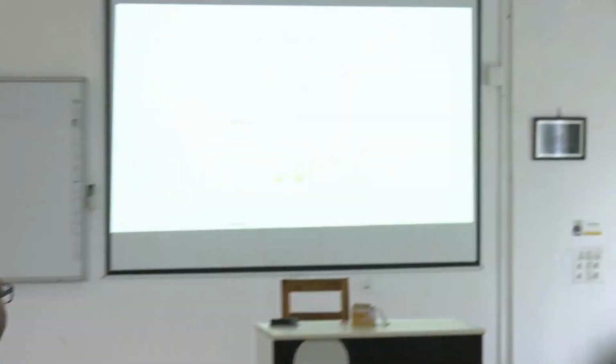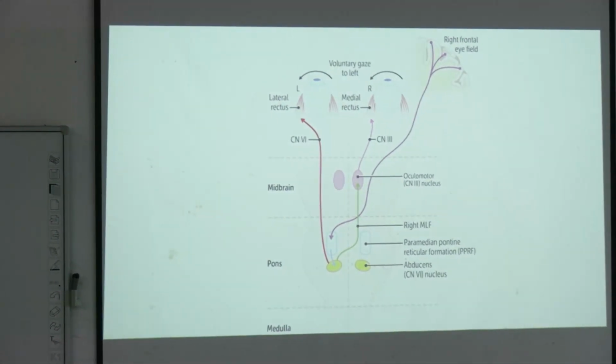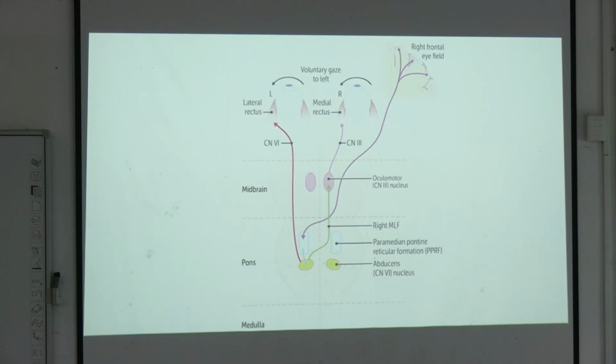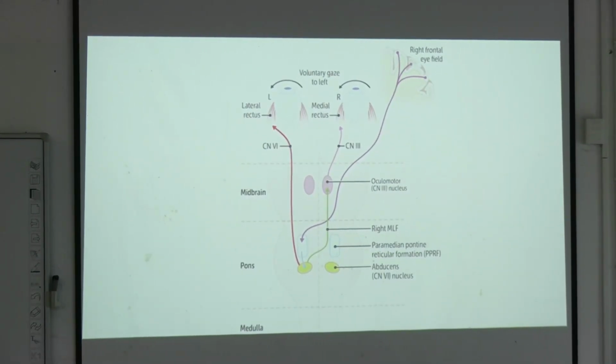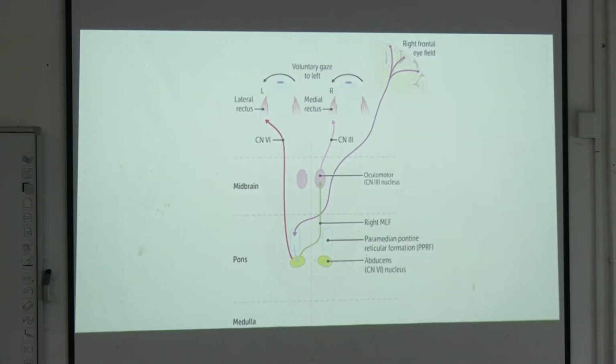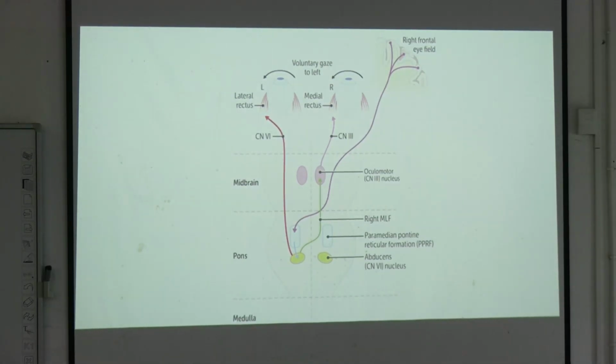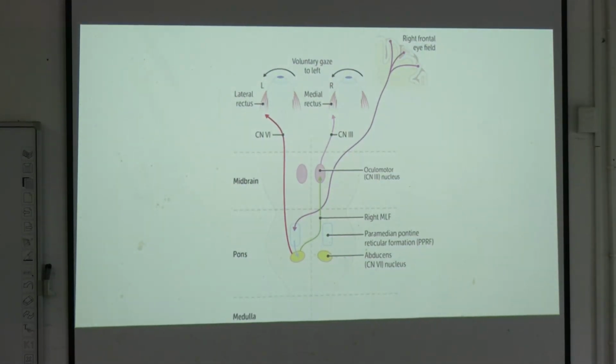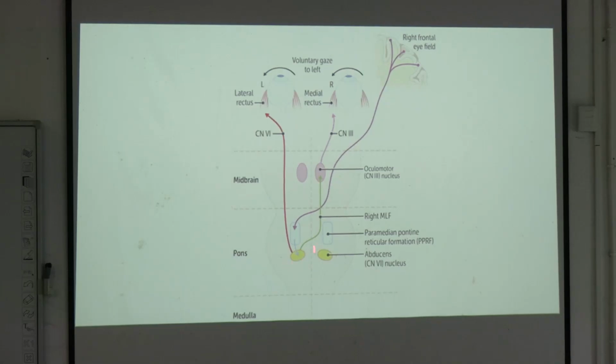What will happen? If I ask the patient to look at his right, so your right is this side, definitely the sixth cranial nerve nucleus is okay for the patient.